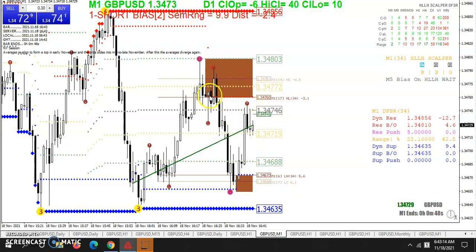The previous one, there was an opportunity here to pick up a few pips short, puts the one ball, you see the one ball, get out, it comes back. And that wasn't a trade because there's the lower high or higher low dots right there, but here was the trade.